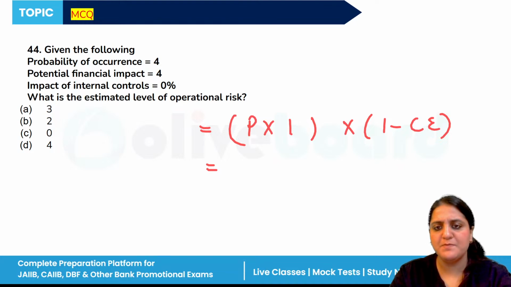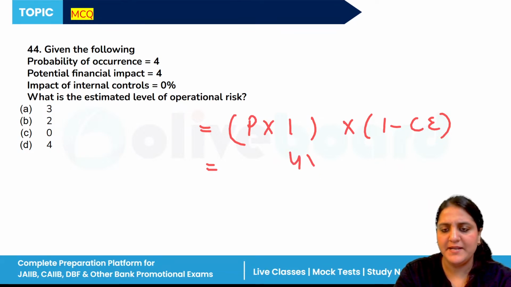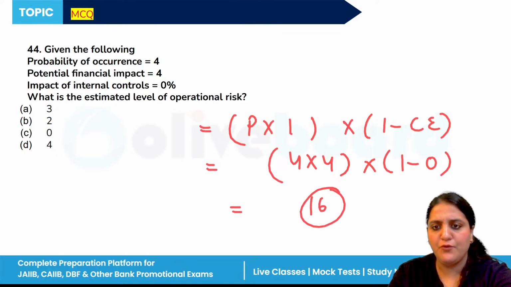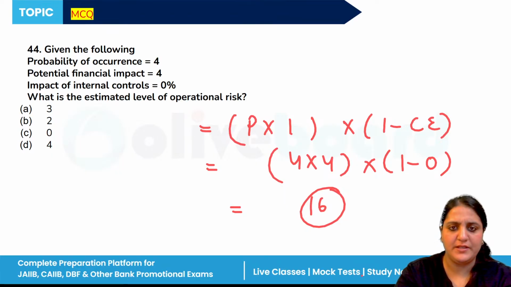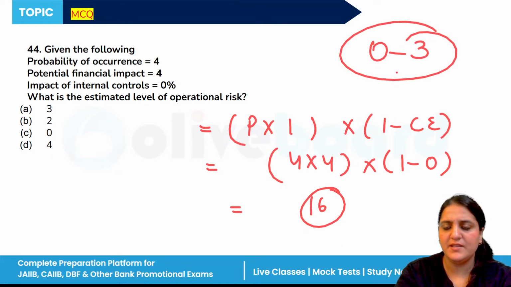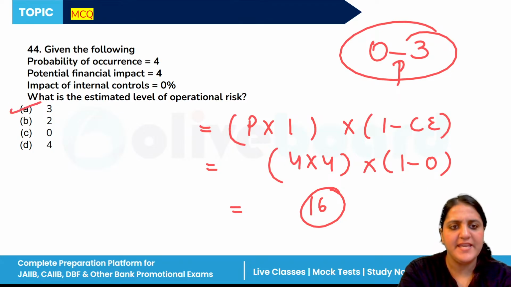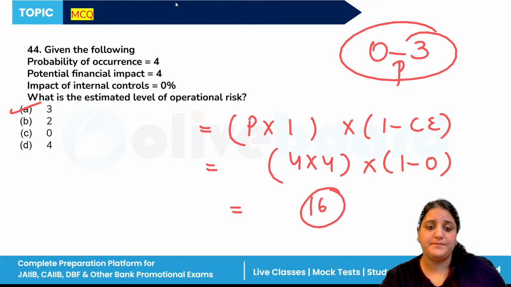So 4 multiplied by 4 multiplied by 1 minus 0.4, that is 16. Risk levels are usually mapped from 0 to 3, and 16 falls there. So option A is correct. That means high risk, level 3.